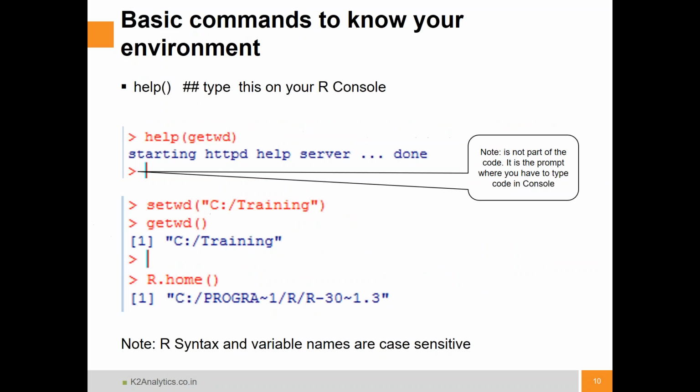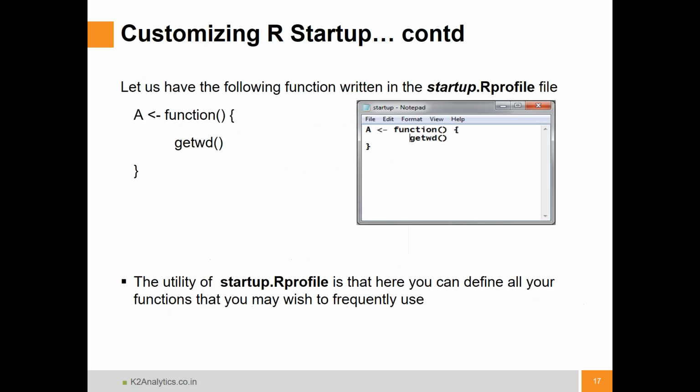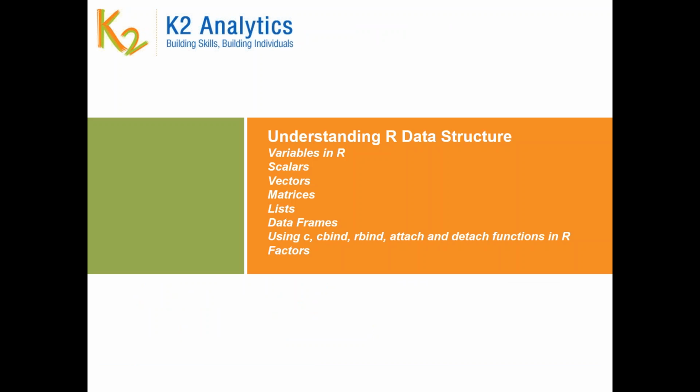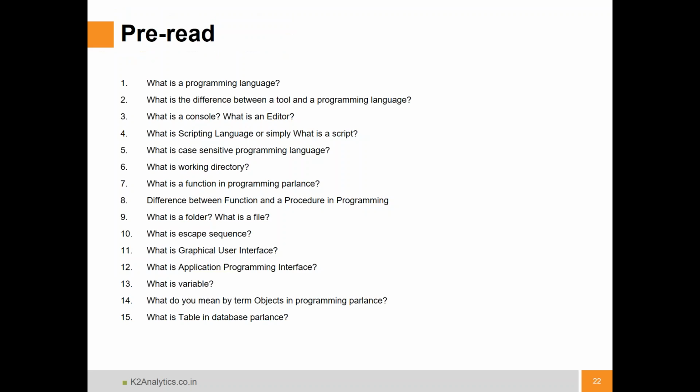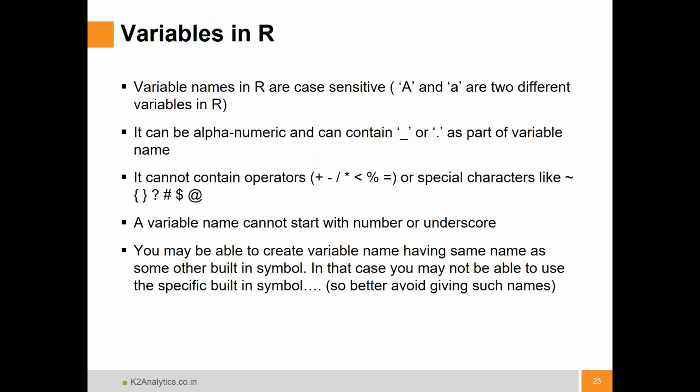So we had seen all these things and we had skipped certain slides, but we'll continue with understanding of R data structures. Okay. First and foremost, we saw variables in R. There are certain rules whenever we declare variables.